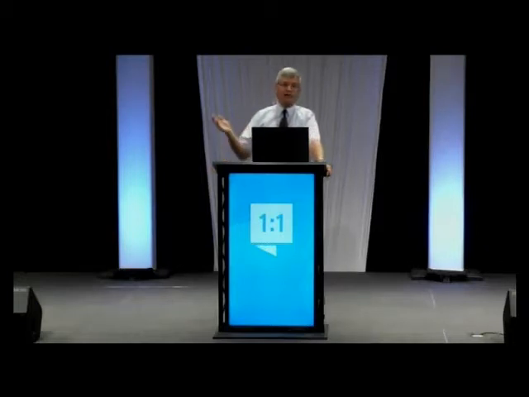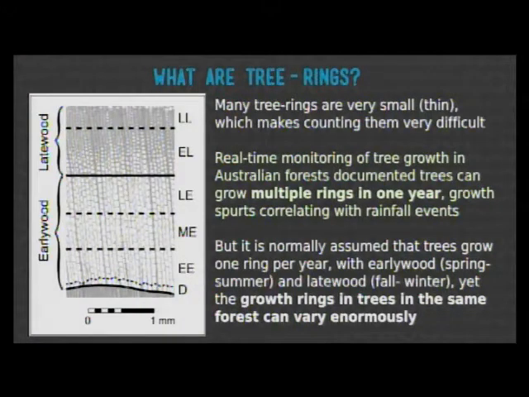It's rainfall events which are more likely to cause the trees to grow. If you have multiple rainfall events in any 1 year, you'll have multiple growth rings. Yet it's normally assumed that you get one growth ring per year: the early wood in the spring and summer, the late wood in the fall and winter. And the other thing to know is that the growth rings in trees in the same forest can vary enormously.